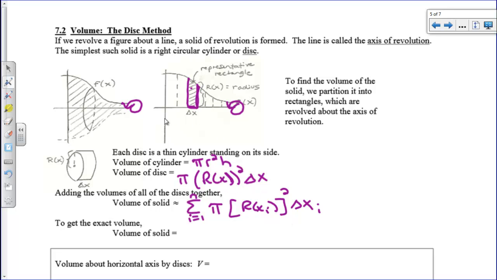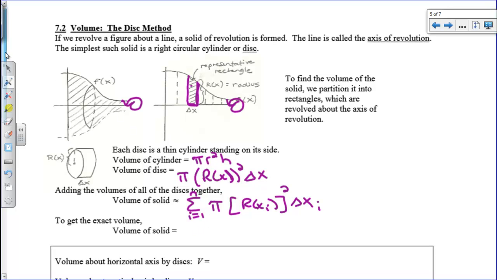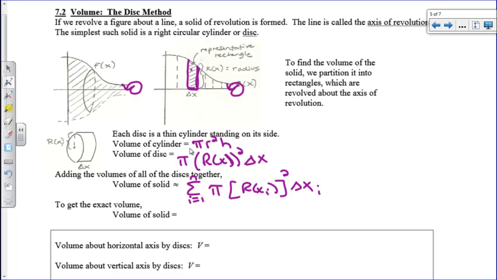So we're going to add up all of these little disks, and that would be the approximate volume of the solid. Now if we wanted the exact volume of the solid, we would need delta x to approach 0, which means we would need an infinite number of rectangles. So we're going to let the limit as n goes to infinity of the sum, i goes from 1 to n, of pi times r of x sub i squared times delta x sub i.